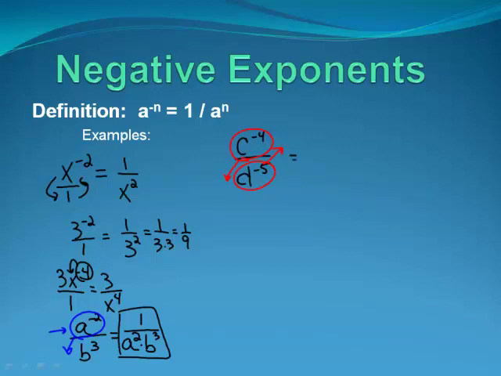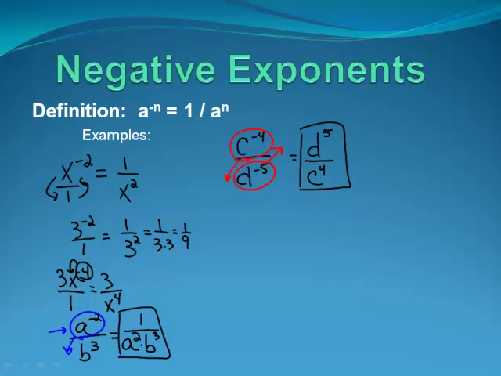That's going to give us d up in the numerator to the positive 5 power, because the sign changes to positive once you take the reciprocal. And down in our denominator, the d is gone, but the c has been moved down. And so we've got a positive 4 in the denominator for a final simplified answer of d to the 5th divided by c to the 4th.